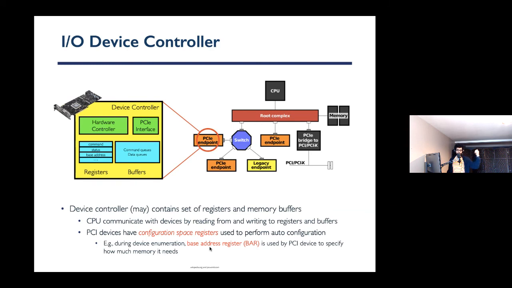The system just tells you, here's your base. For whatever you asked for, just add it to that base, and that would be your memory, because it's usually contiguous. And then that's it. Now, every time the CPU writes or reads to those addresses, the device knows those addresses are assigned to it, so it just gets those messages and responds to them, using these registers.